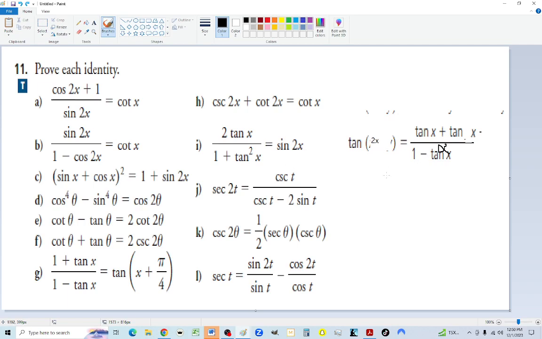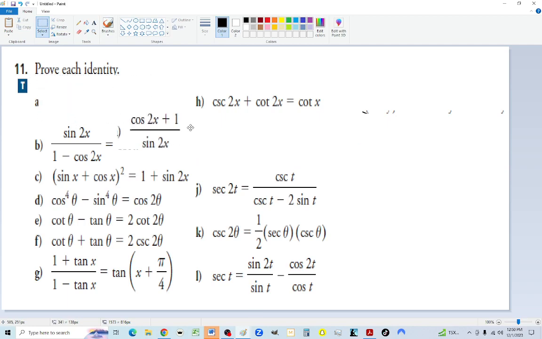So right away, we can say that this is 2 tan x over 1 minus tan squared x. Now we have to prove that this is equal to sine 2x. And actually, we can say that's not true. That's equal to tan 2x, and tan 2x is never going to be equal to sine 2x. So I guess some of these are not true. So that one's not true.